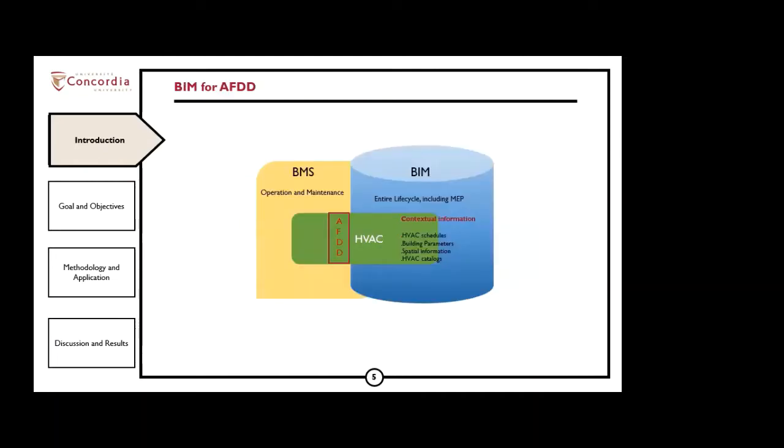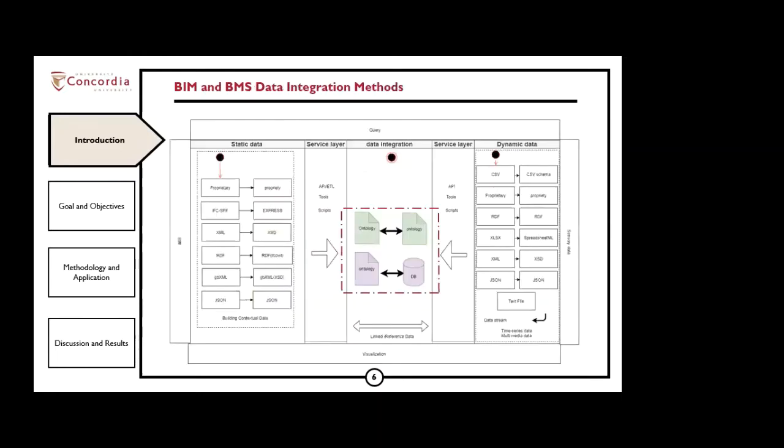BIM, as you might know, some of us think of mainly as a 3D model, but what I'm referring to here is the entire life cycle of information of the HVAC system. It covers mechanical, electrical, plumbing, and within that, the contextual information we were talking about: the HVAC schedule, the parameters associated with the building, the spatial information, and the HVAC catalog information. Generally in AFDD models, we tend to lose this sort of information.